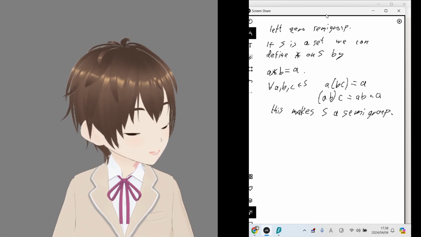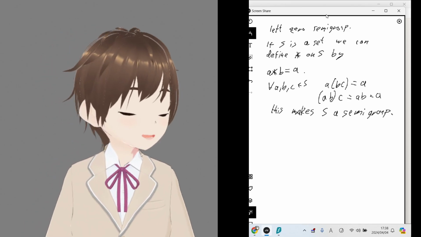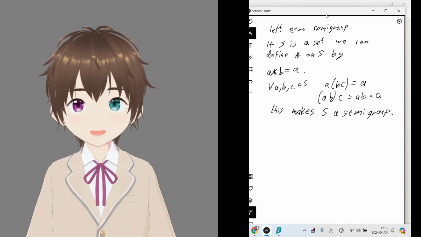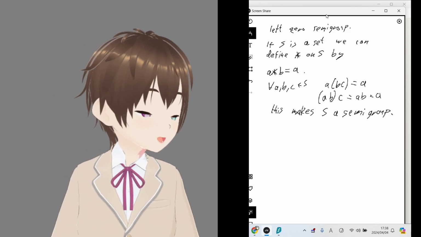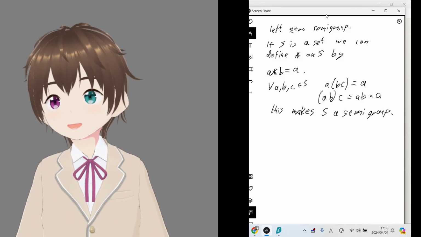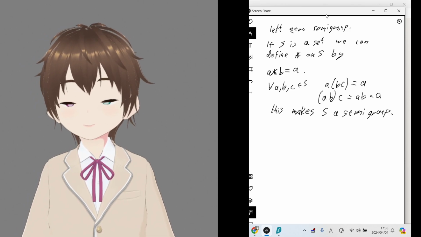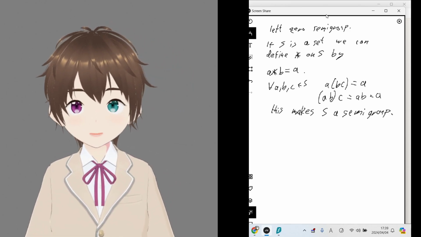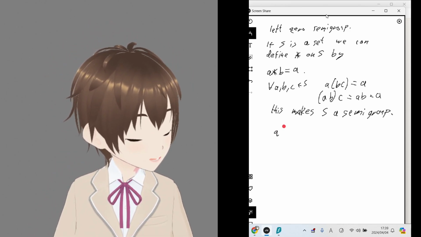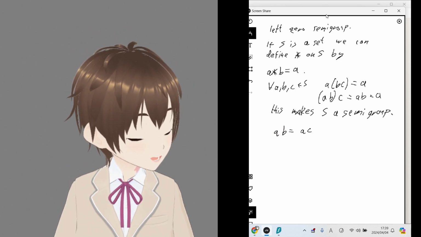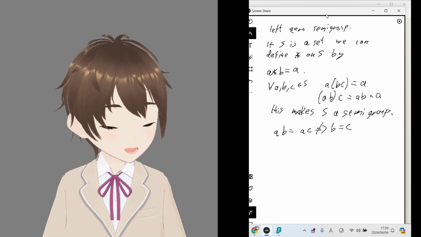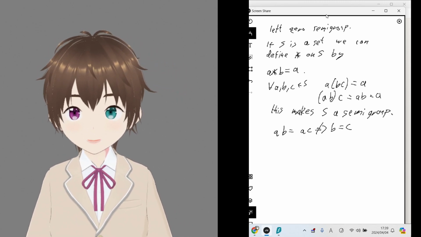And this is as far away from being a group as possible, because groups are what's called cancellative. If I multiply a fixed element of a group by another element, I can figure out what my original element was by multiplying by its inverse. This is very false here. It is not true here that AB equals AC implies B equals C. In fact, this implies nothing at all because this is just always true.